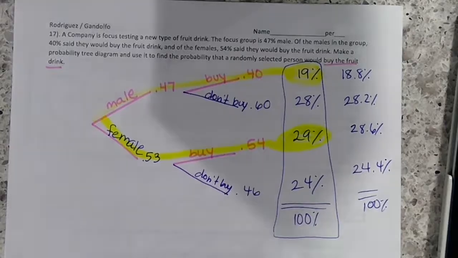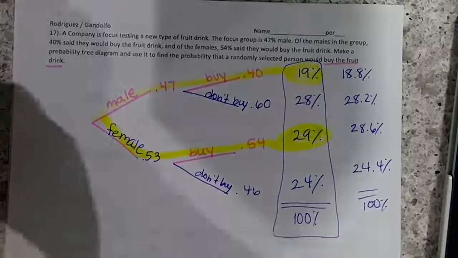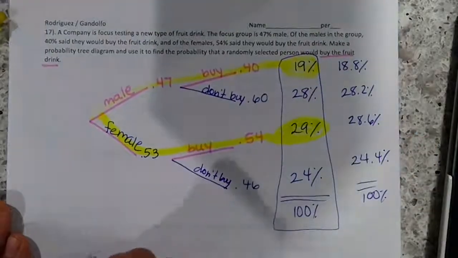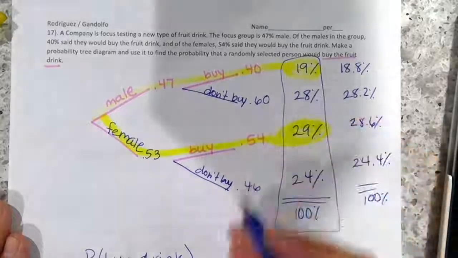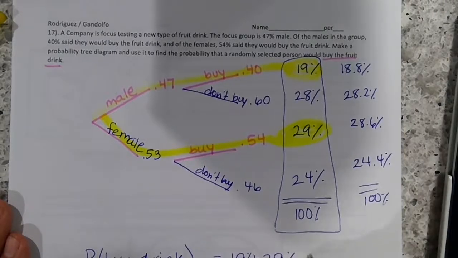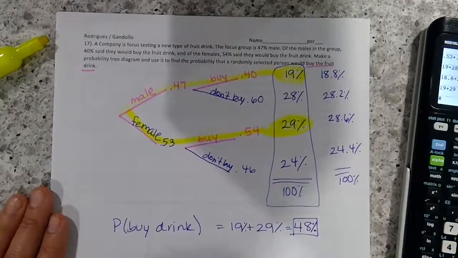So the probability that a randomly selected person would buy a drink is actually going to be 19 plus 29. So about half of the people.